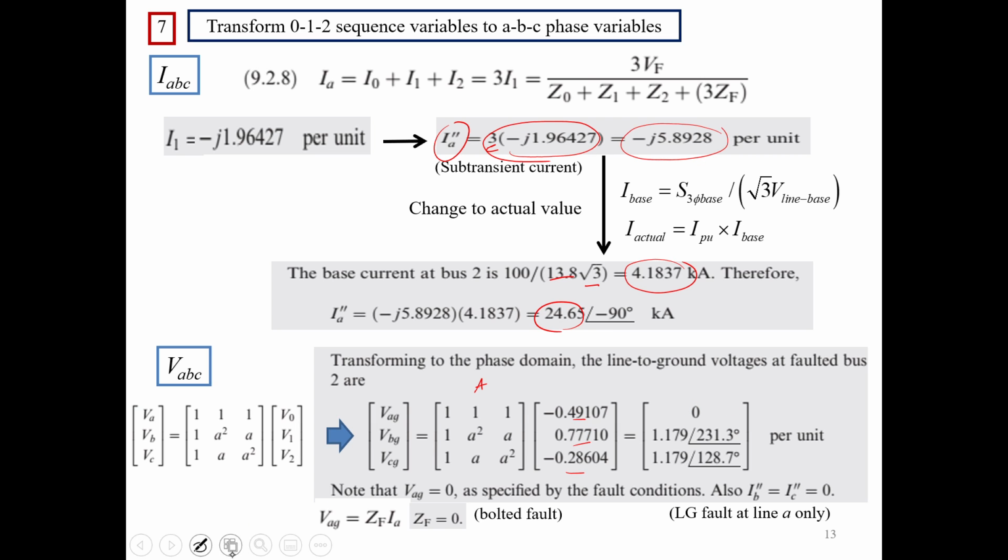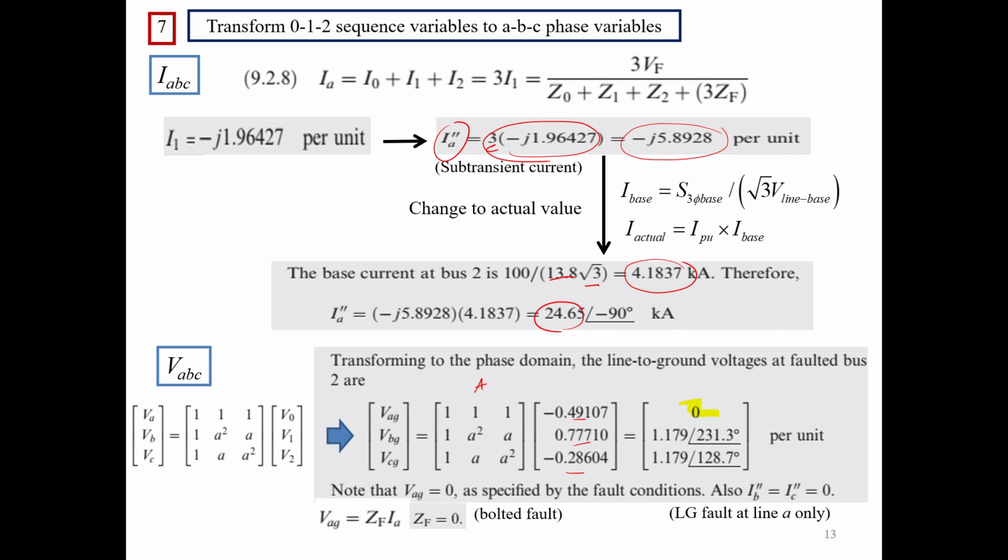Be cautious that in this case you must have zero VA. Otherwise, if you have non-zero, it is in physical contradiction with the topology of the system.